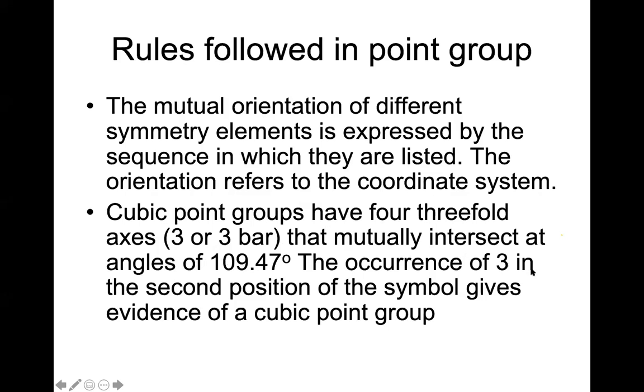The occurrence of 3 in the second position of the symbol gives evidence of a cubic point group. Remember this. In the space group or point group, if you see the number 3 in the second position, then this is cubic. If it occurs in the first position, it is rhombohedral.